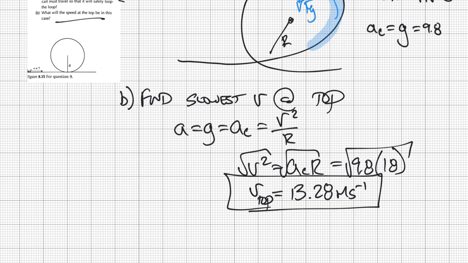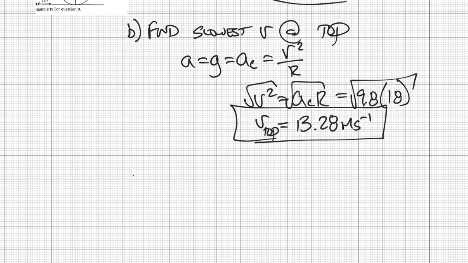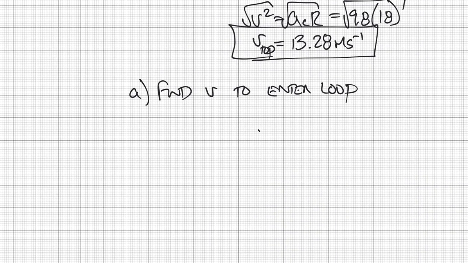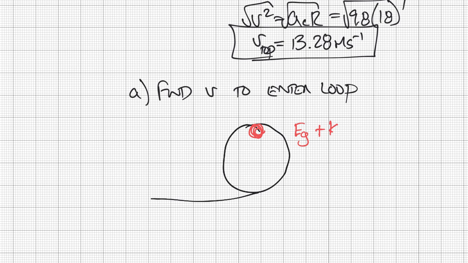So then, let's find the velocity to enter the loop-to-loop. And with that, I'm going to use the concepts of energy, right? So when we get up here at the very top, we're going to have both energy due to gravity and kinetic energy.